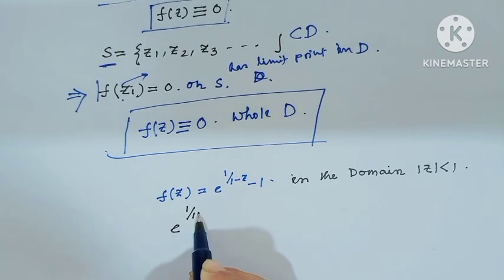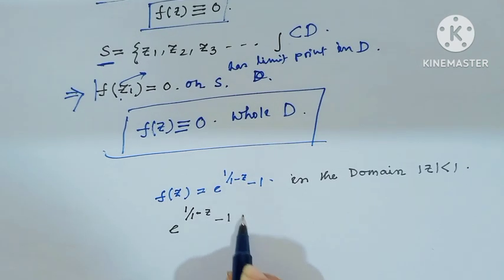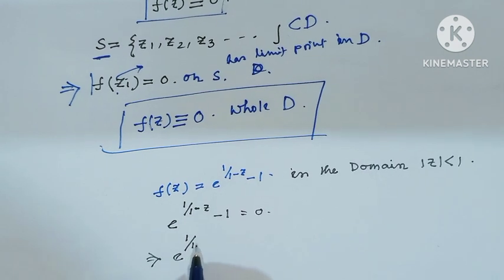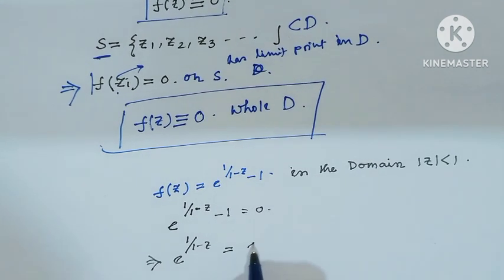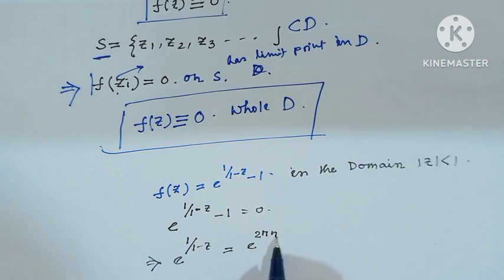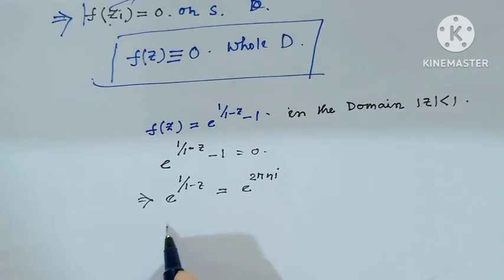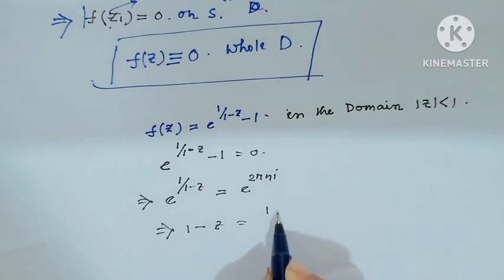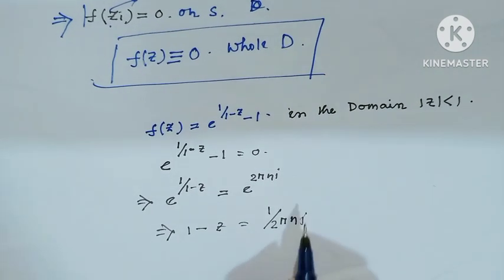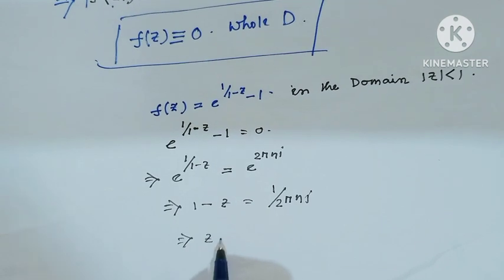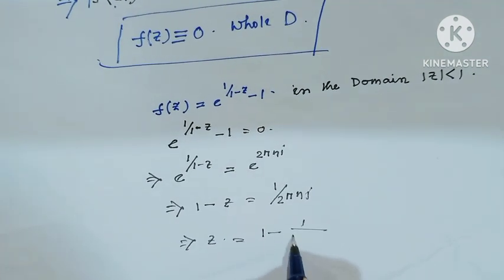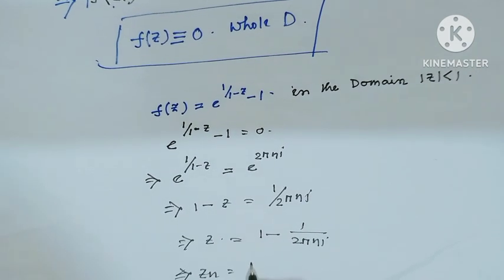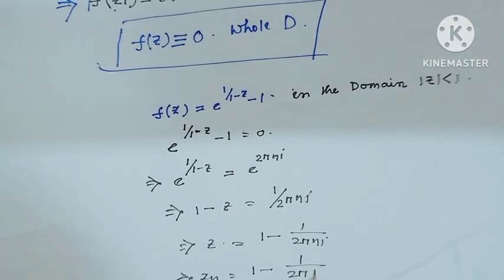Here e to the power 1 over (1 minus z) minus 1 equal to 0, that implies e to the power 1 over (1 minus z) equal to e to the power 2 pi n i. That implies 1 minus z equal to 1 over 2 pi n i, that implies z equal to 1 minus 1 over 2 pi n i. We can write this as z_n equal to 1 minus 1 over 2 pi n i.